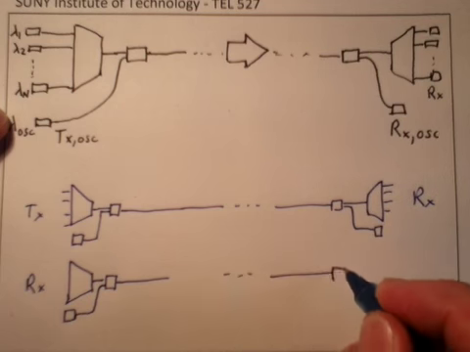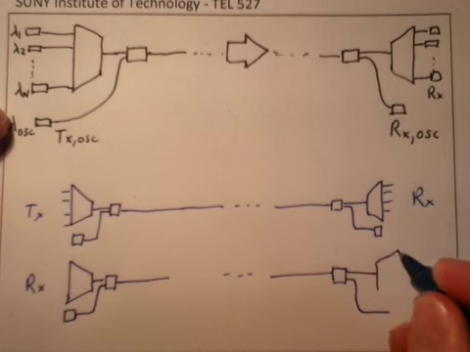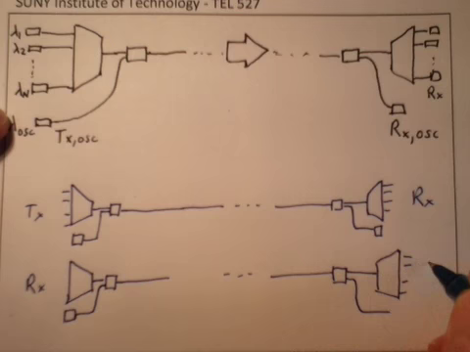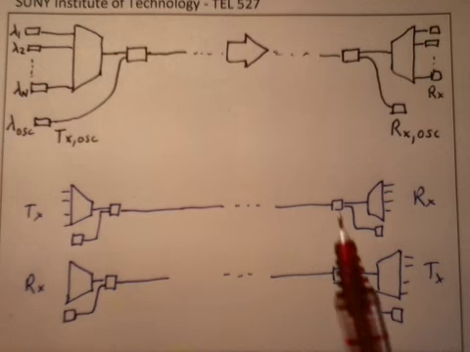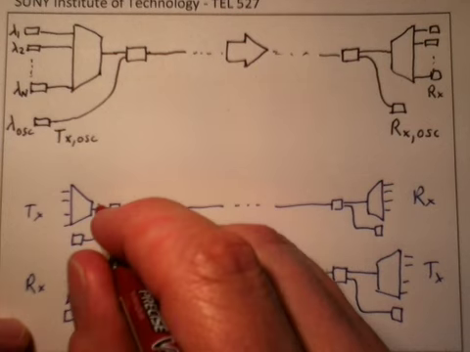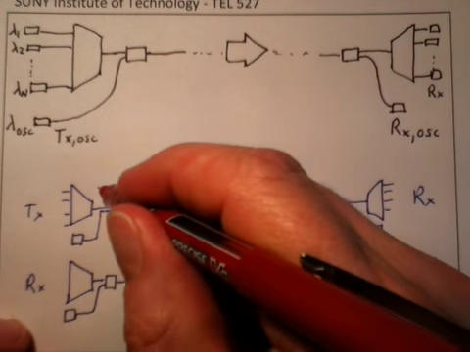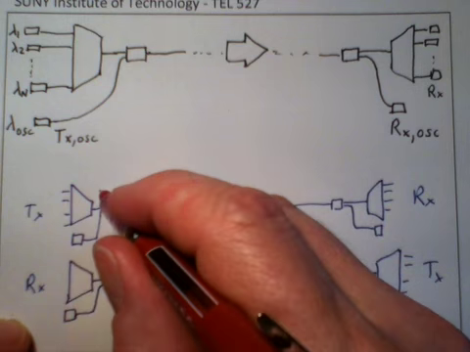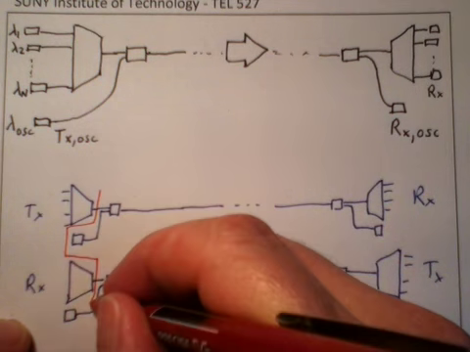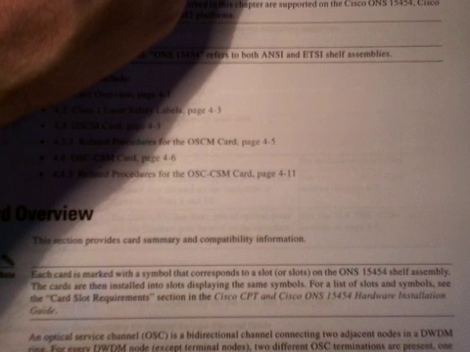And so we have the same picture over here, but now we've got the transmitter. And what this card does is it gives you this pair. It gives you this functionality basically. I suppose it has all of this in it.